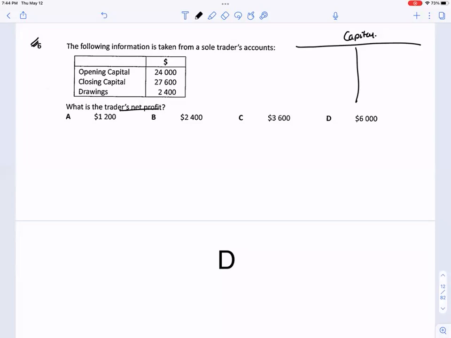Yes, I was solving a past paper and I have a doubt. So should I ask you now or later? Send me the photograph first. Okay, I'll do that. Did you get the answer for this? This drawings will come on the debit side. Yes.